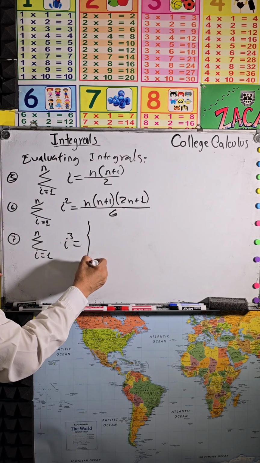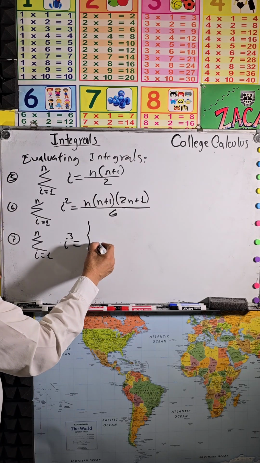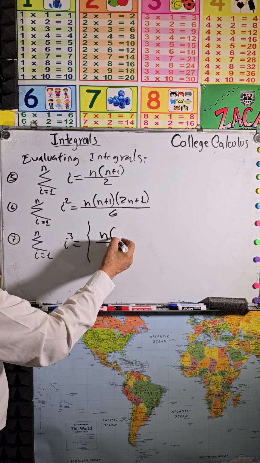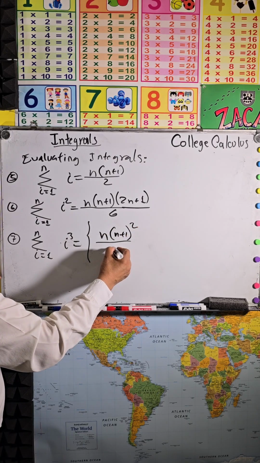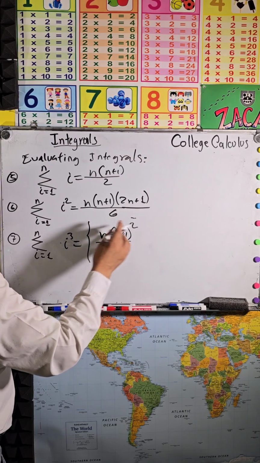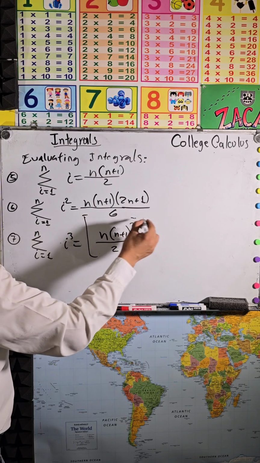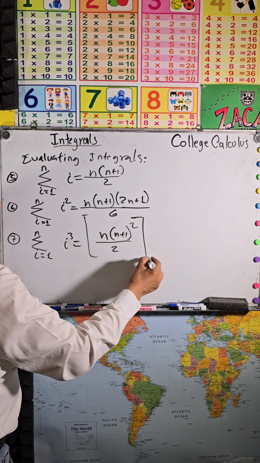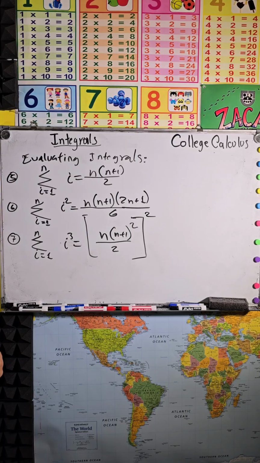Let's write it open like this, n times n plus 1, all to the second power, divided by 2. Okay, to the second power. That's number 7. All right.